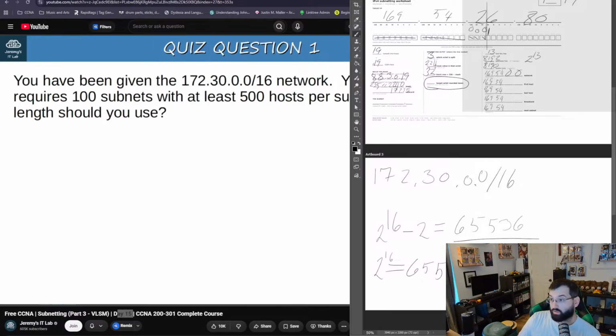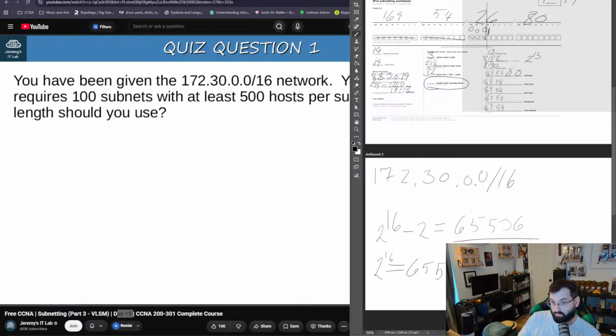Your company requires 100 subnets with at least 500 hosts per subnet.